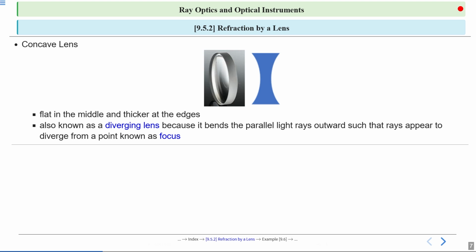Okay, so they are not actually diverging from a point. They appear to diverge from a point known as focus. So focus of this concave lens is imaginary, virtual. That is a point from where rays appear to diverge.